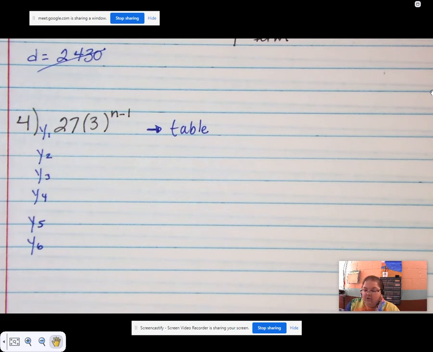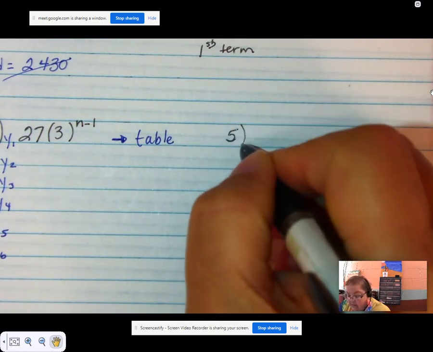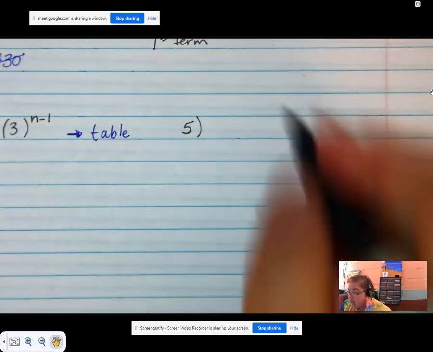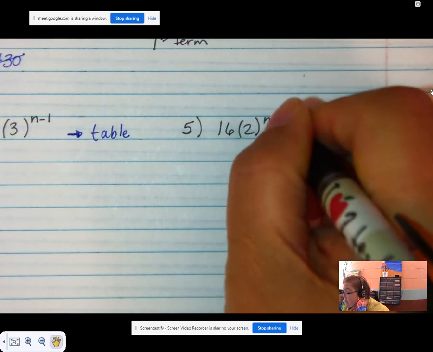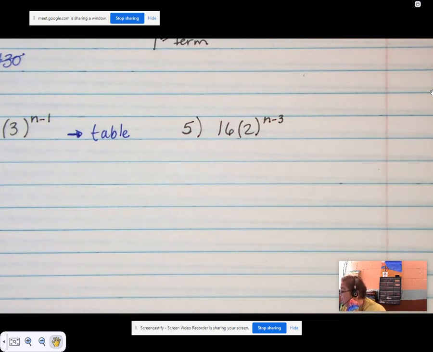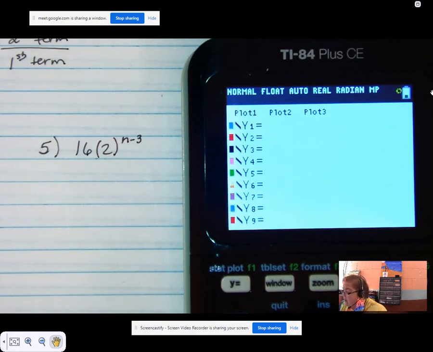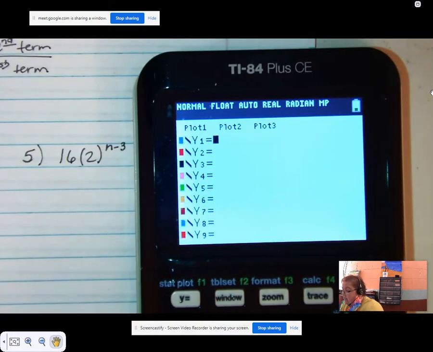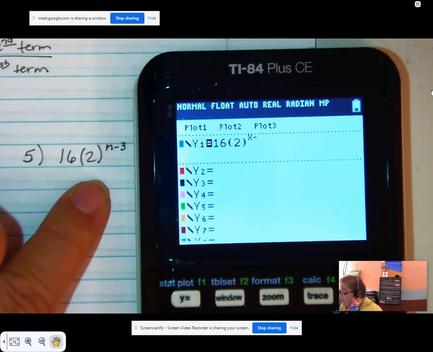Then when you look at number 5, what we're starting with, select all expressions that are equivalent to 16 times 2 raised to the n minus 3. Let's go do that one. Let's type in number 5 in your y equals. The first one's going to be my actual problem that I started with, 16 times 2 raised to the x minus 3.